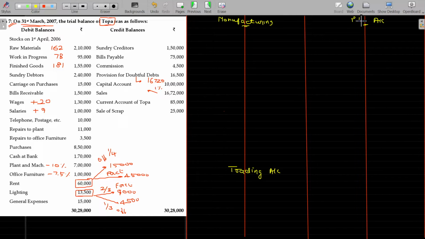So we need to have 4 blocks. One extra block we study here is all about manufacturing. Is that okay? Manufacturing. Now balance sheet.